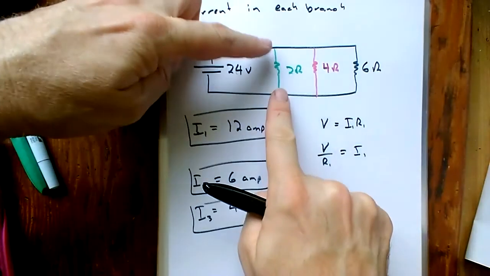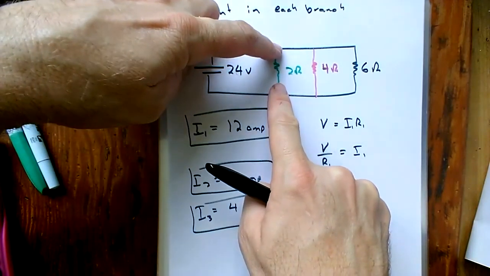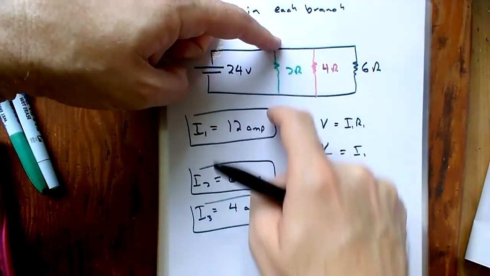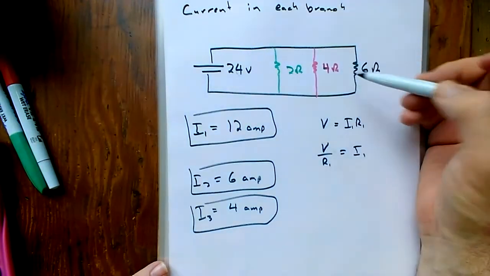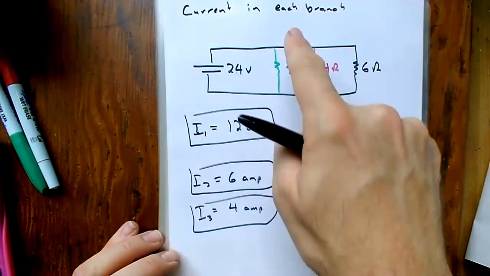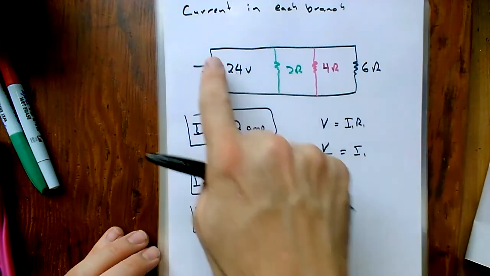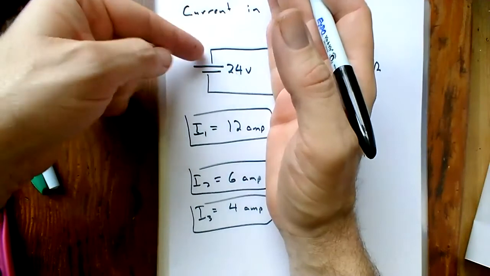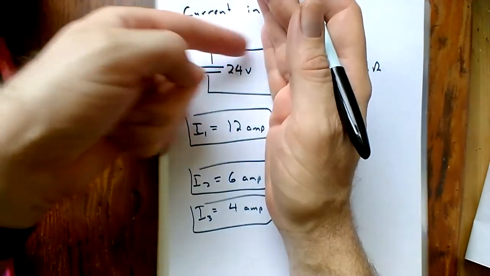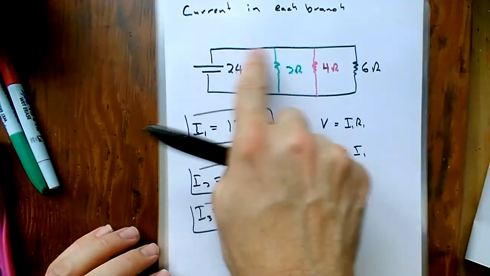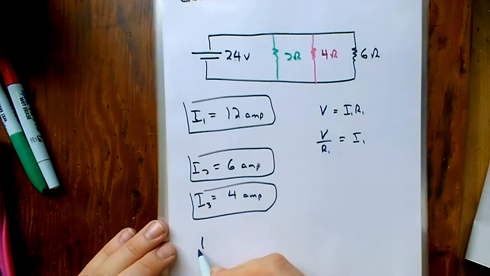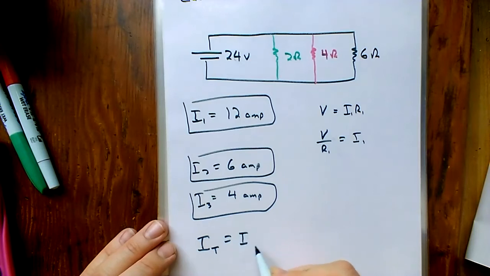If I were to figure out what the electron flow across all of those would be, it would be 12 amps from here to here, or 6 amps from here to here, or 4 amps from here to here. But if I were to look at what was going through this entire thing here, the total current is going to be all of those things together: I1 plus I2 plus I3.